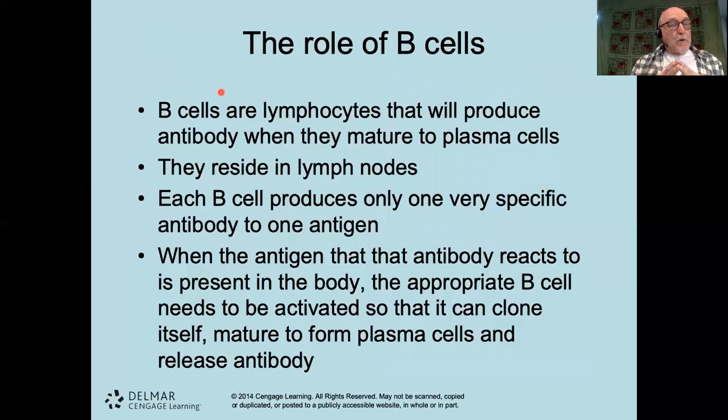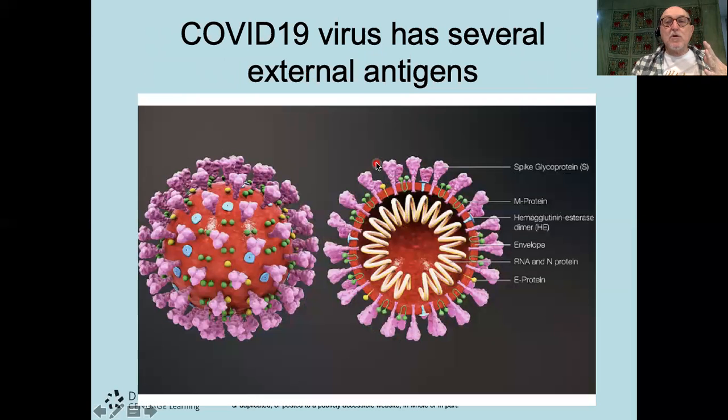B cells are important because they represent the pinnacle of the adaptive response, which is that they are going to produce antibody. They are the cells that actually make antibody. And they are going to make antibody which is very, very specific. It is specific, for example, to one little antigen portion of the spike protein.